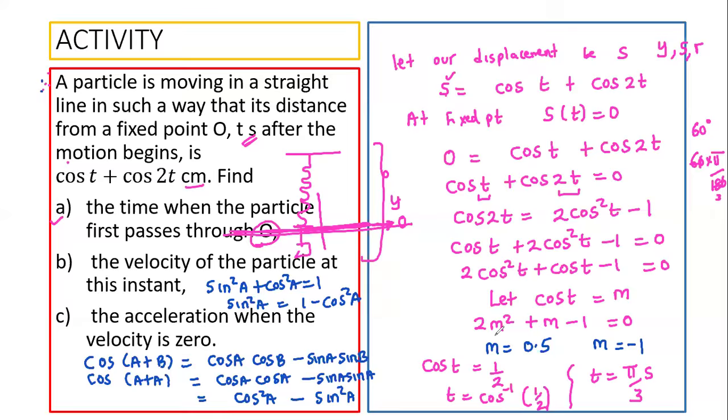Yes. Now you convert it into radians. So to convert it into radians, you take the angle times pi divided by 180. Okay, I got pi out of 3. Yes. So you get pi out of 3 seconds.